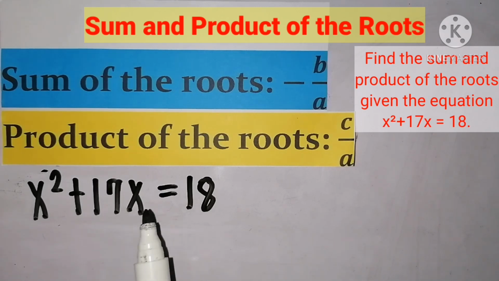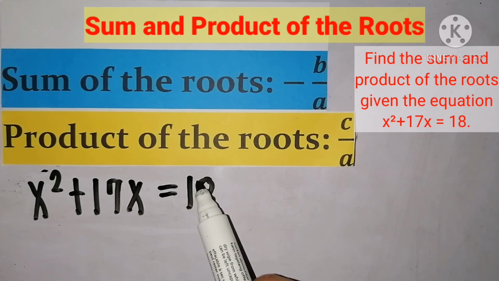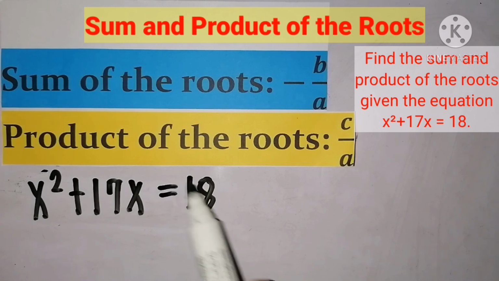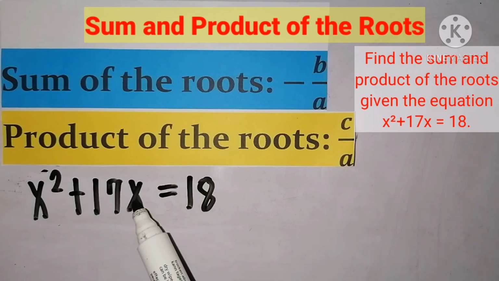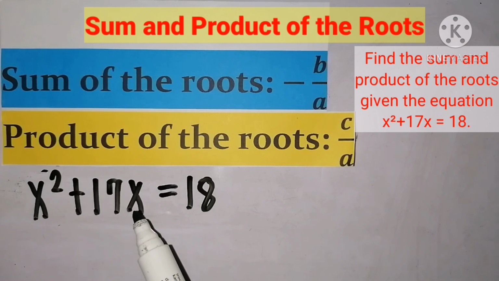We try to observe in the given quadratic equation that it is not in standard form. So all you have to do is transform this into its standard form. To transform, you will simply transpose 18 to the left side of the equation. From positive 18, it will become negative 18.